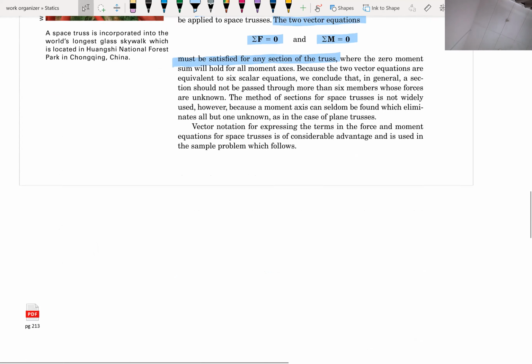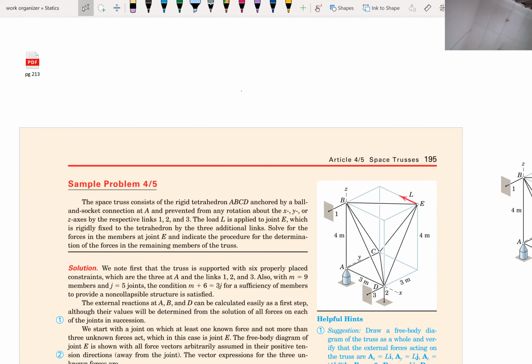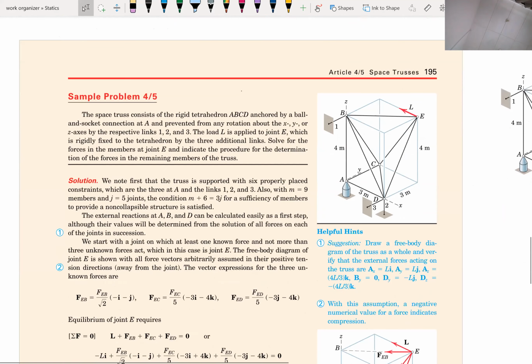Now, for better understanding, we can see the example here, which is sample problem 4-5. So let's read the question. The space truss consists of the rigid tetrahedron ABCD, anchored by a ball and socket connection at A, and so it is prevented from any rotation about the X, Y, or Z axis by the respective links 1, 2, and 3.